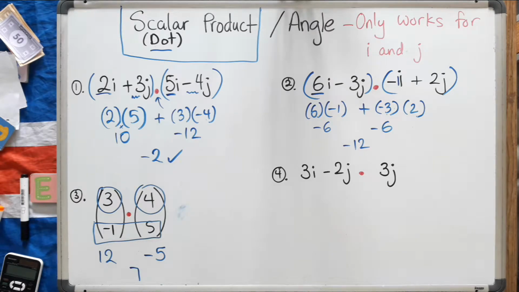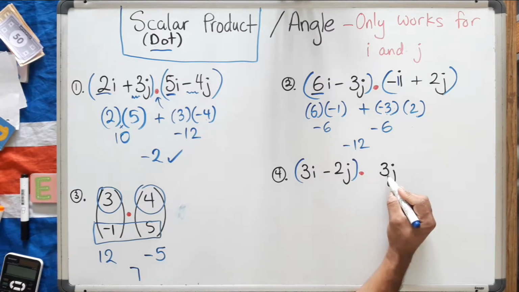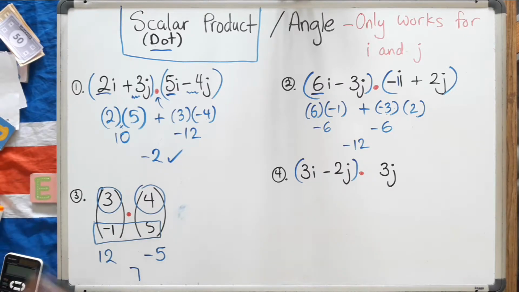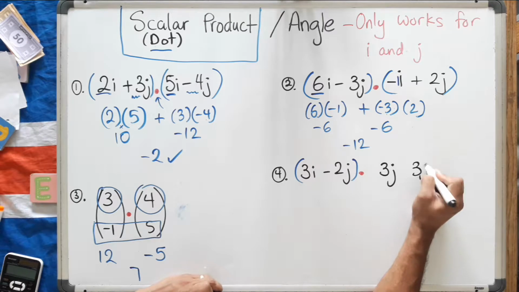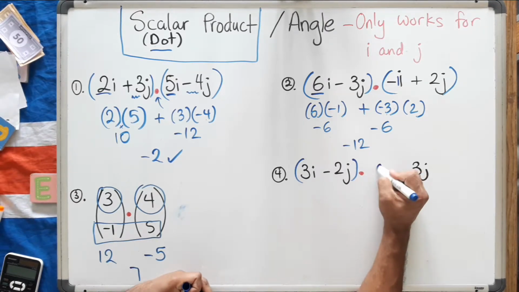All right, a slight trick question here. The first vector has 3i minus 2j, but the other one only has 3j. There's no i value. Well, if there's no i value, that means the i value is just 0. So this can be interpreted as 0i plus 3j.